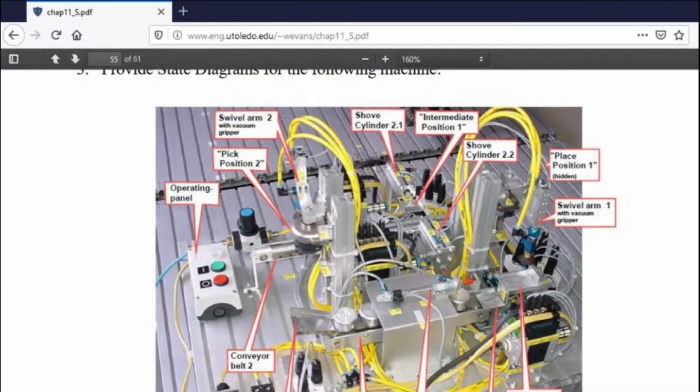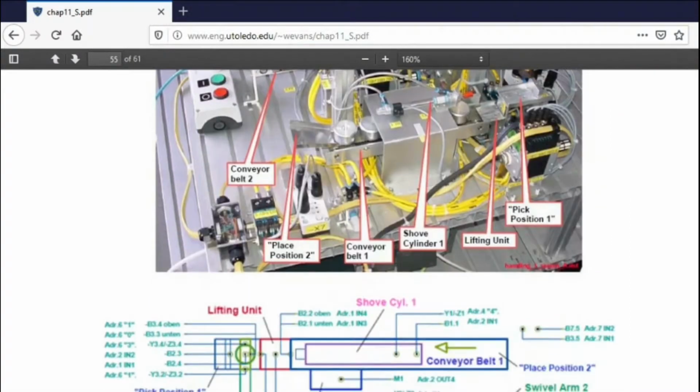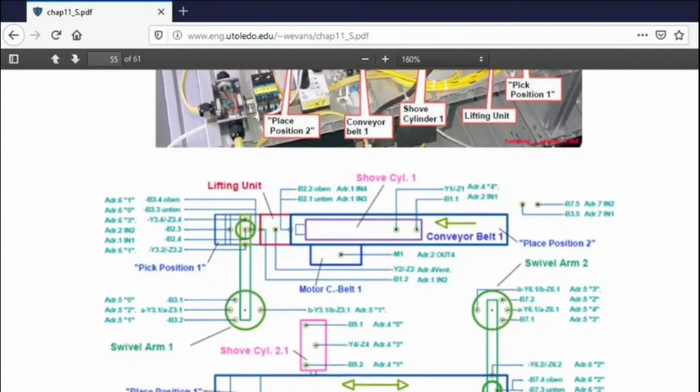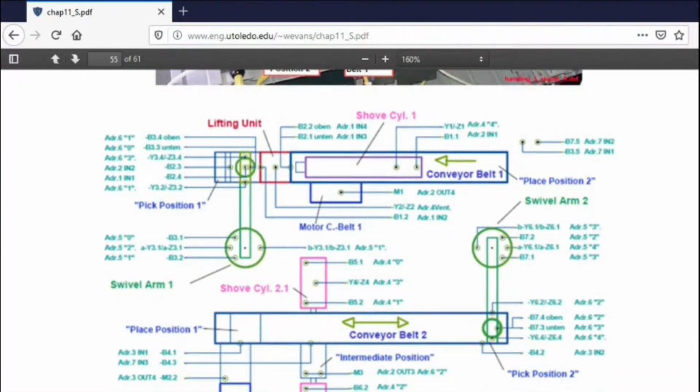If you would put all your eggs in this basket, it might be useful, yet it's just one chapter and only one part of what we try to cover in the overall text. That said, these are fantastic labs. So just imagine you were there and think about how you would do a state diagram for a machine like this. And this is a pictorial of it, and then the graphic of it.